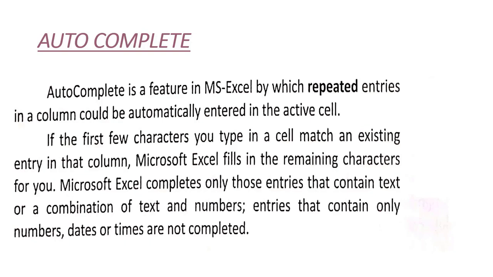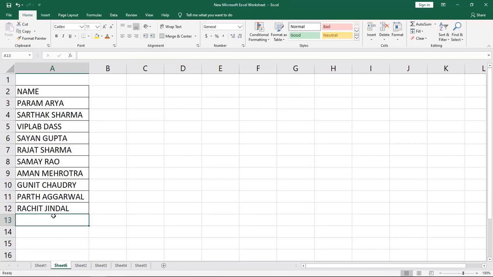Let's see an example. I have written some names in column A. Now when I write a few characters, suppose I write RAC, then if it already exists in column A, it will show you automatically.